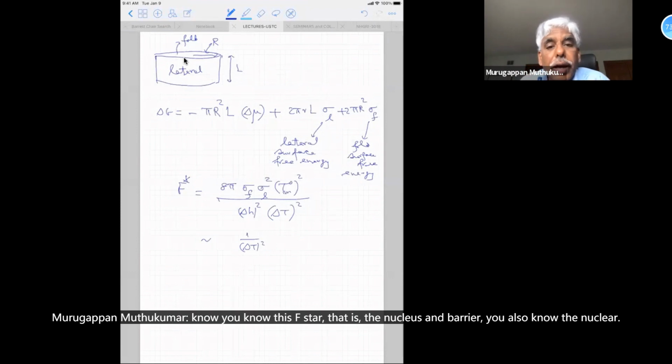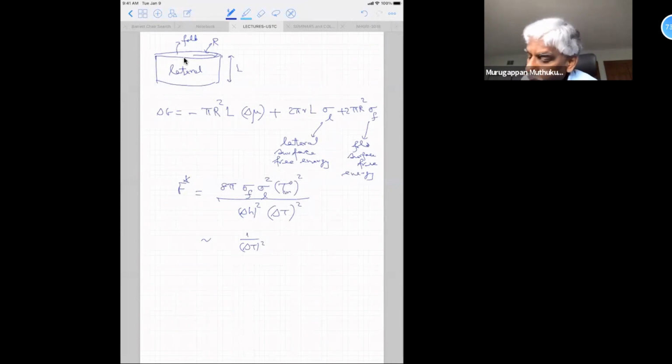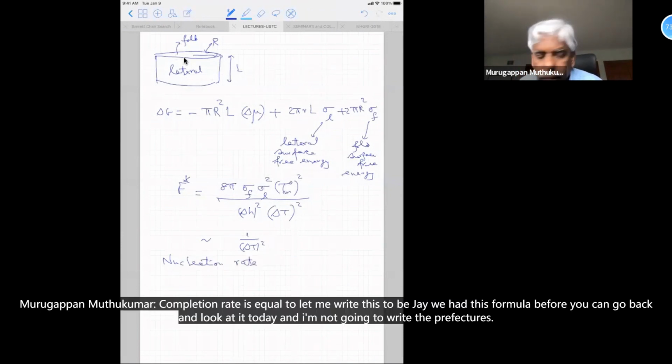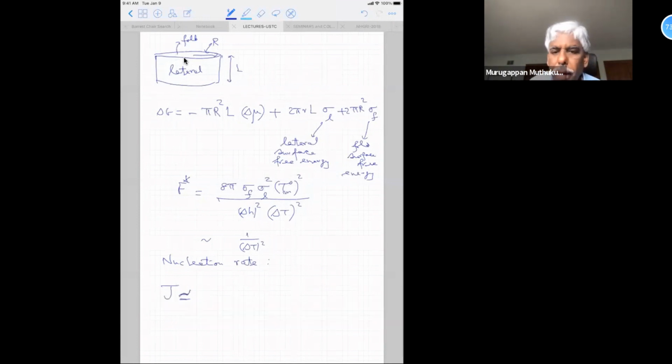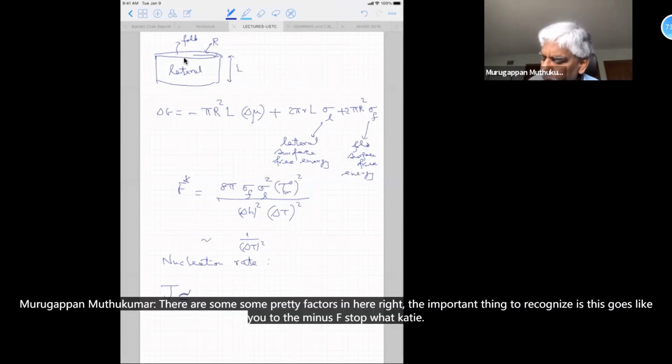Now, if you know this F star, that is the nucleation barrier, you also know the nucleation rate. The nucleation rate, let me write this to be J. We had this formula before. You can go back and look at it. I'm not going to write the prefactors. There are some prefactors in here. The important thing to recognize is this goes like e to the minus F star over KT.